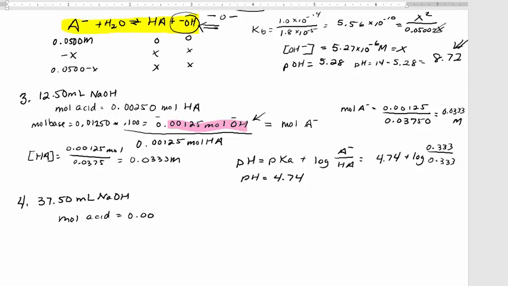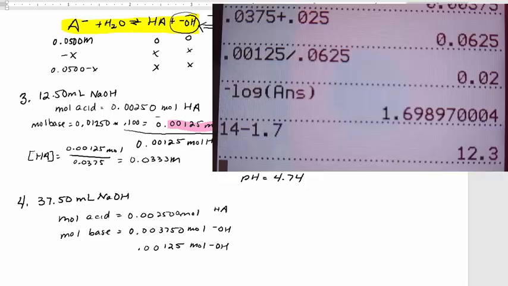So my moles of acid is 0.00250, and the moles of base, I'm going to take the volume, 0.0375, multiply that by 0.1, and I get 0.00350 moles of base. Now this time I'm going to have an excess of OH. Since I'm going to have an excess of OH, my pH is going to be dependent on that.